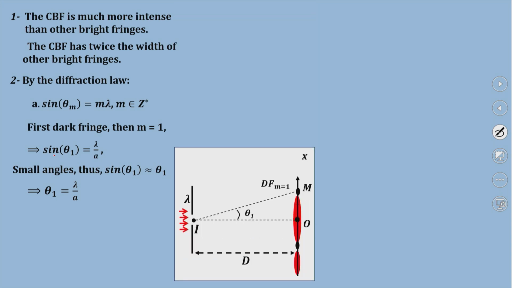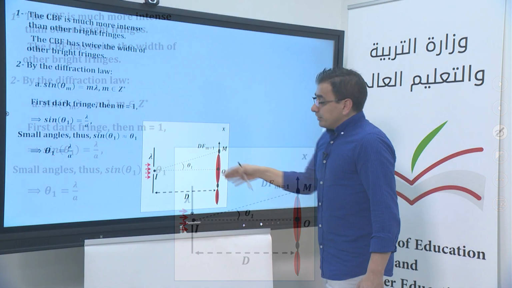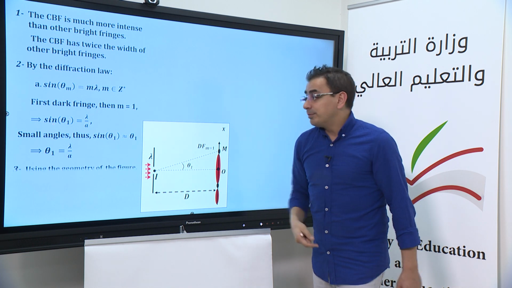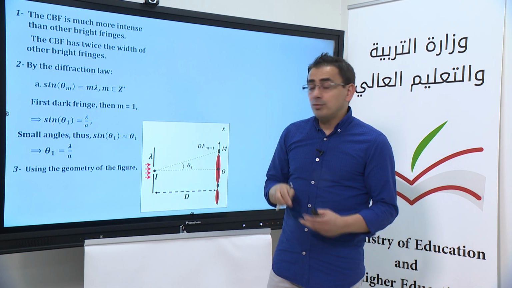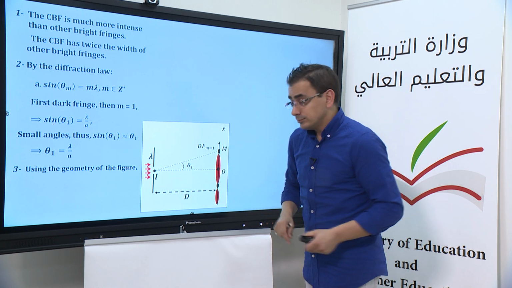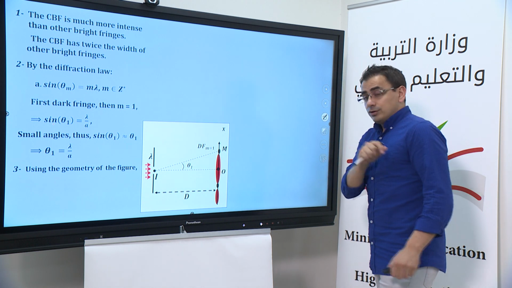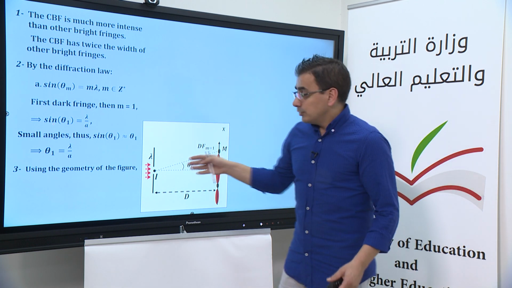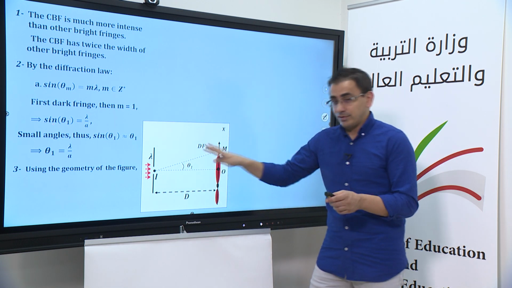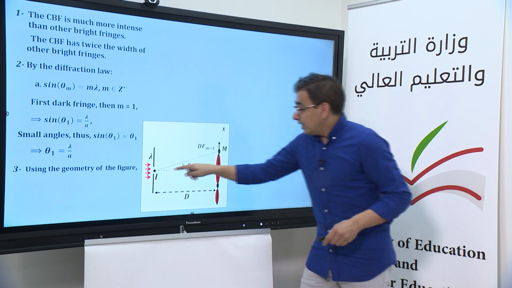Now, I've drawn here a figure just in case I need it, and in a step to prepare for part 3. So part 3 was to find the relation between A, L, D, and lambda, if I'm not mistaken. Right? Okay. So using the geometry of the figure, we have to link x to angles. So here is the figure which I have set up before.